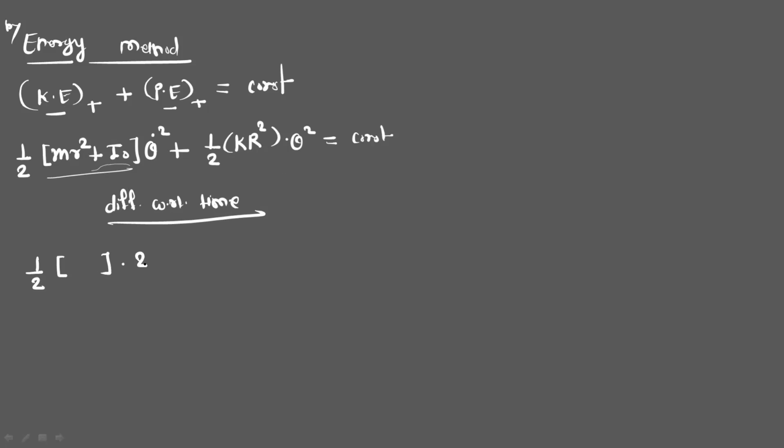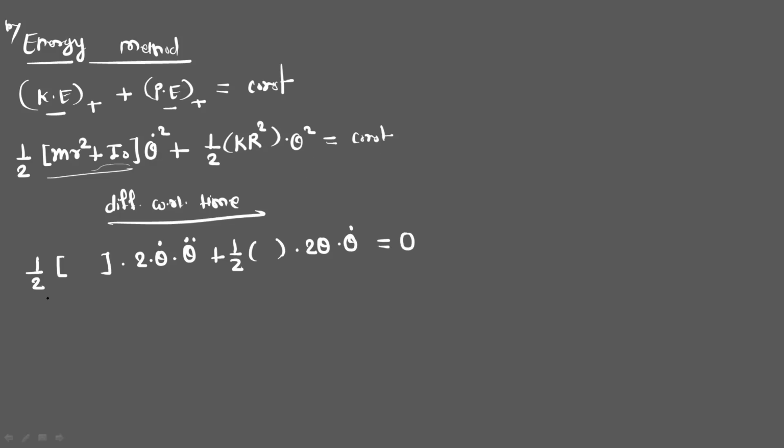Its differentiation will be 2 into theta dot, and again differentiate theta dot with respect to time, so it will become theta double dot. Plus 1/2, this bracket is a constant value. Theta squared is the variable, so it is 2 theta, this is the differentiation, and again differentiate theta with respect to time, so it will become d theta upon dt, that is the velocity, theta dot, and constant differentiation is 0.